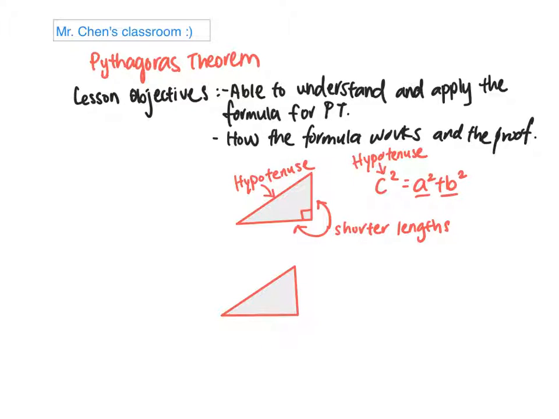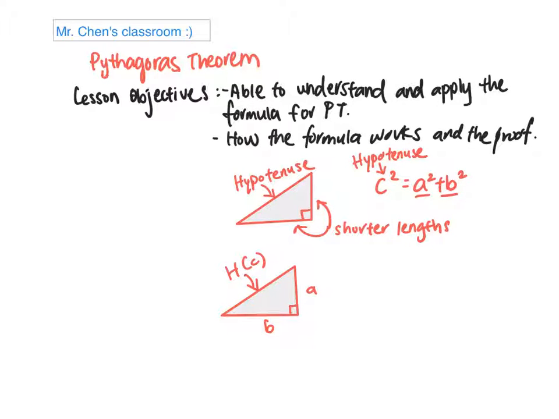So that's the right angle, that's the hypotenuse, which is also represented as c, and these two can be a and b, or the other way around, it doesn't matter. But for this video I'm just going to make this one a and the other shoulder b.